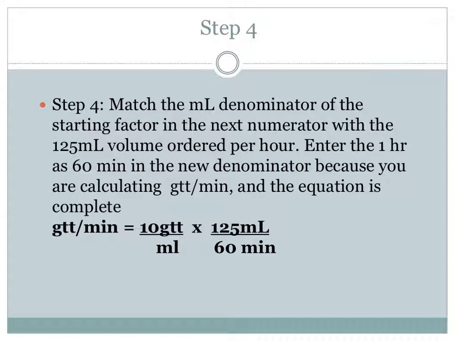In step 4, we match the milliliter denominator of the starting factor in the next numerator with the 125 mils volume ordered per hour. And we have converted 1 hour to 60 minutes as shown here. And the equation is complete. So we have drops per minute, which equals 10 drops over 1 mil times 125 mils over 60 minutes.